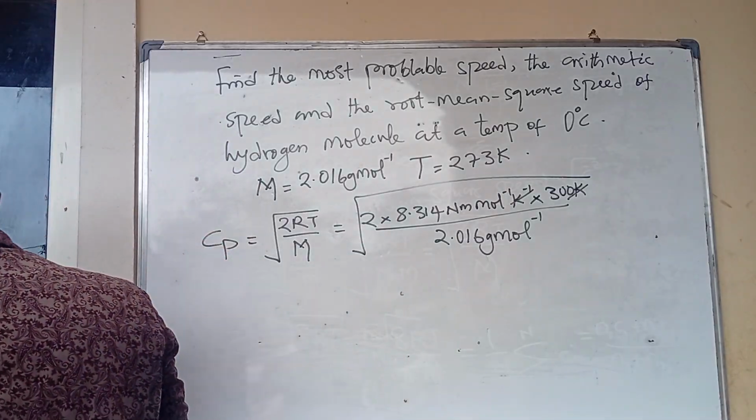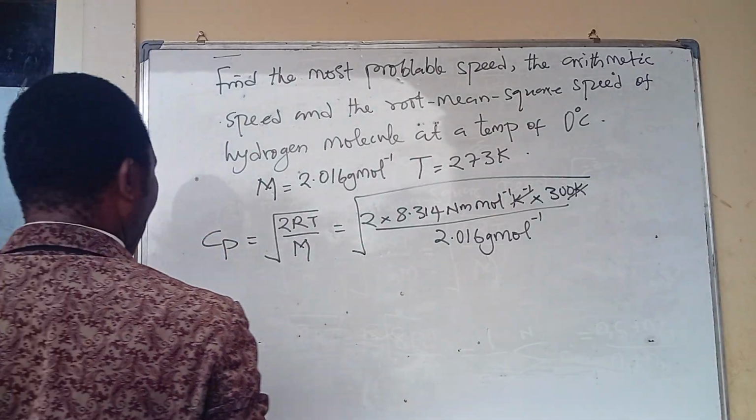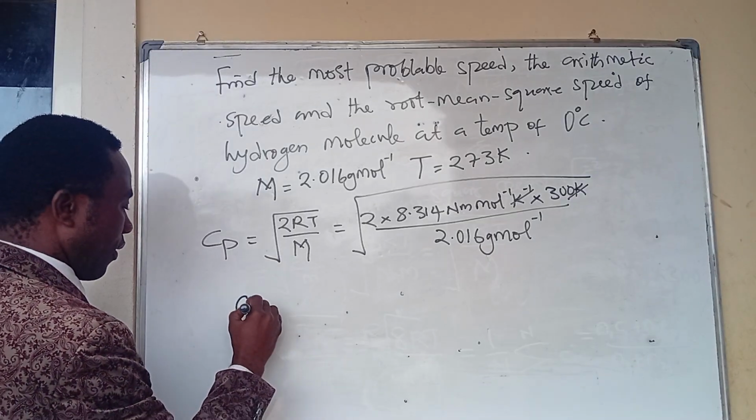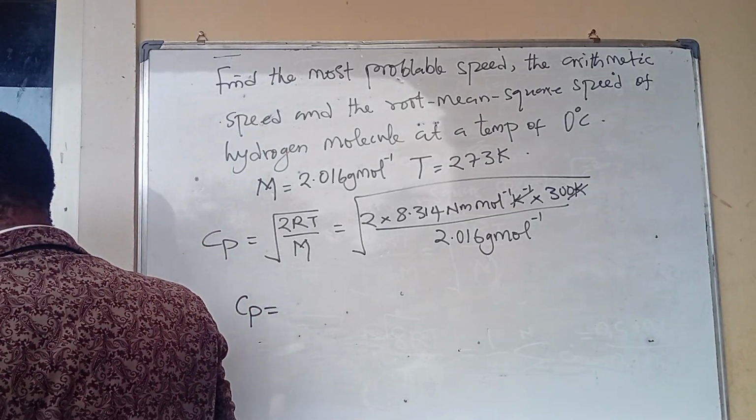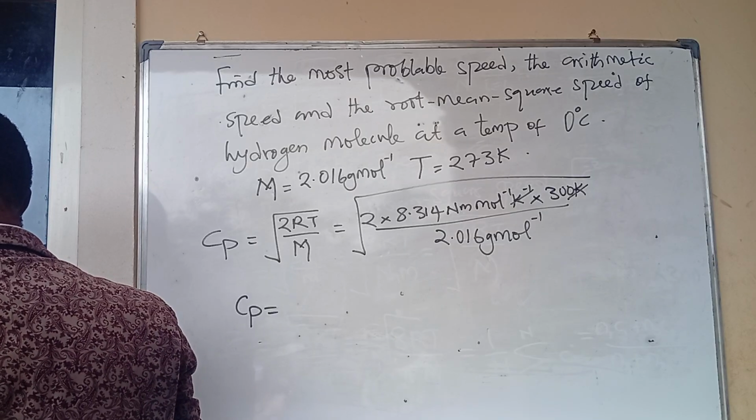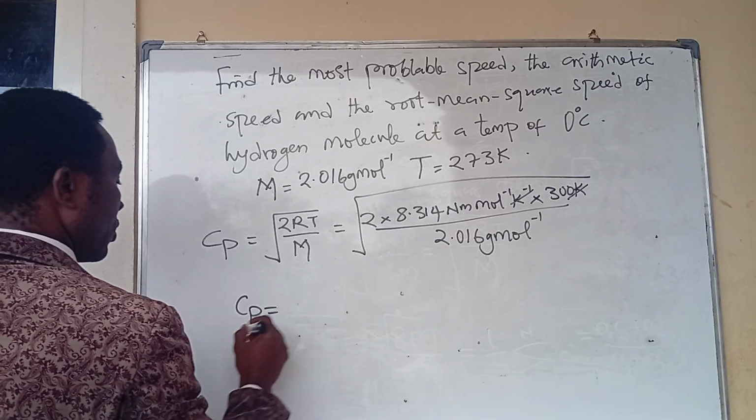So when we multiply this out, we'll be having that our CP will be equals to, okay, let's check our calculator, 47.452.